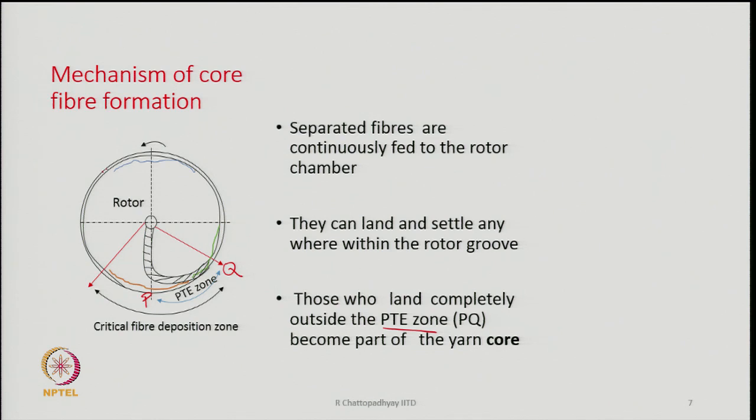What we are showing here on the left-hand side is a circle representing the rotor, the groove part of it, and this is what we have seen earlier. This is the yarn arm, which keeps on rotating as the rotor rotates, and here is the yarn which is taken out in these directions, and part of the band of fibers within the rotor groove is twisted.